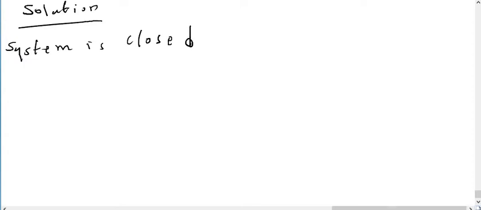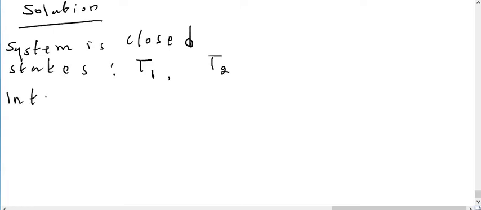Then state: we don't have to mention the state since it is not given, so we'll assume T1 as the initial state and T2 as the final state.